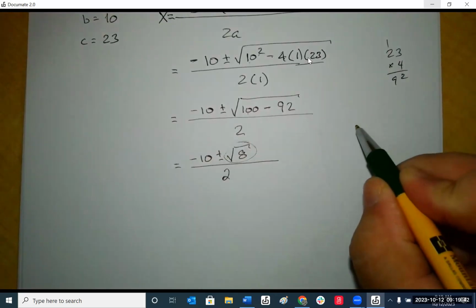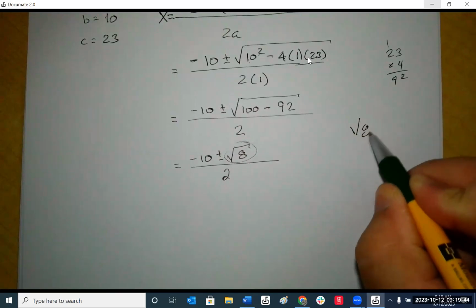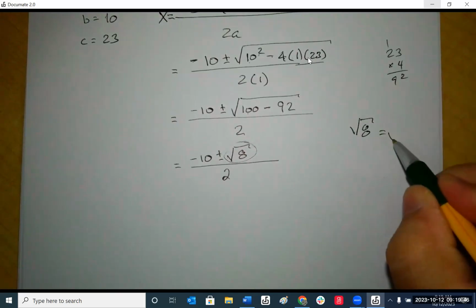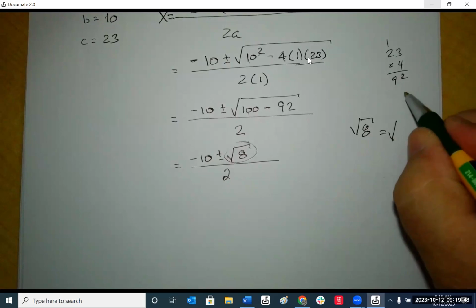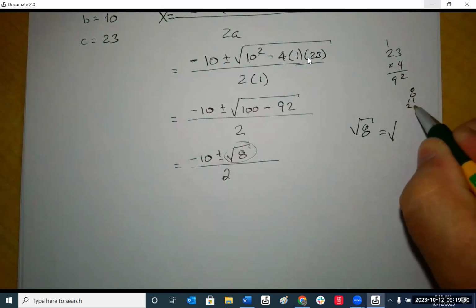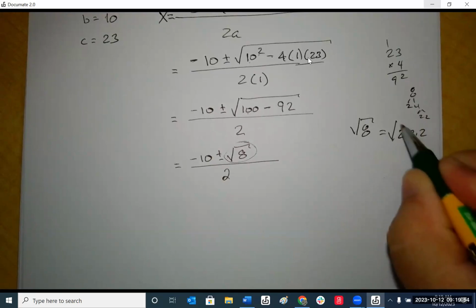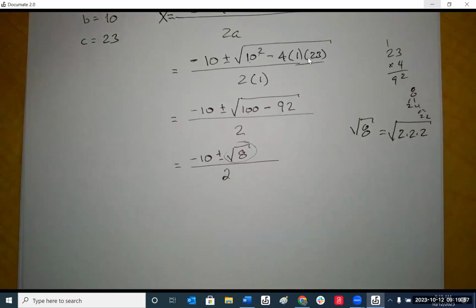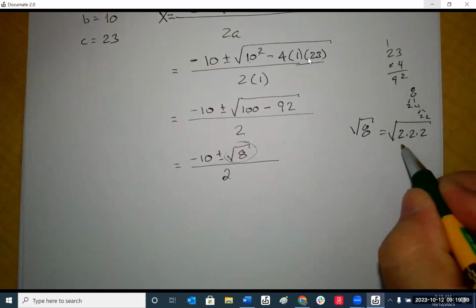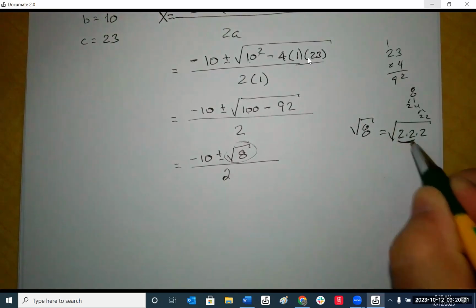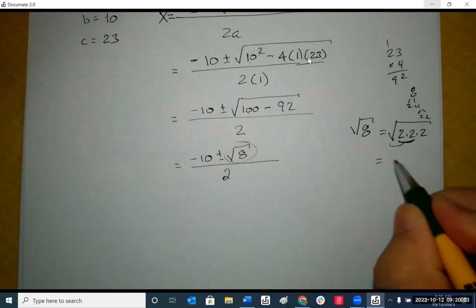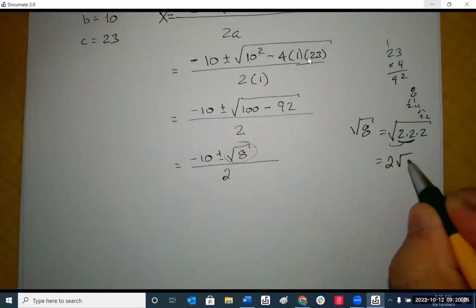Let's fix the square root of 8. 8 is made up of 2 times 4. It's made up of 2 times 2 times 2, right? Since it's a square root, if you have 2 of a kind, they can come out. So it's 2 square root of 2.